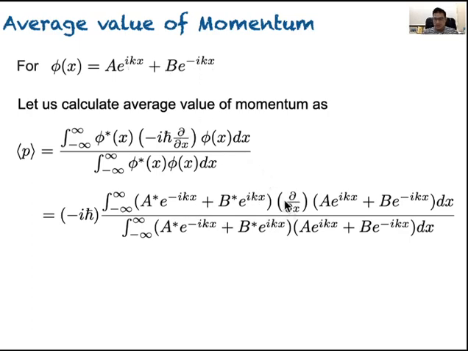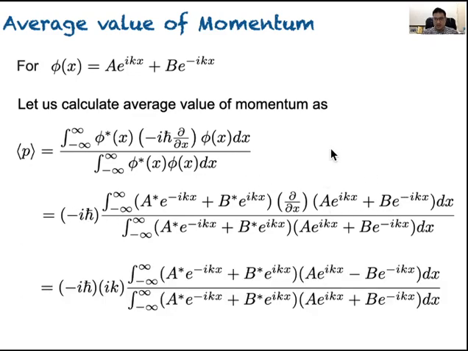My operator is as it is, I have taken minus i h cross outside, and my phi of x is written here. Once I operate d over dx on this, I get ik here and minus ik there. So I can take ik out, and it will remain positive a times e to the power ikx, and the minus sign remains here, so it becomes minus b times e to the power minus ikx.